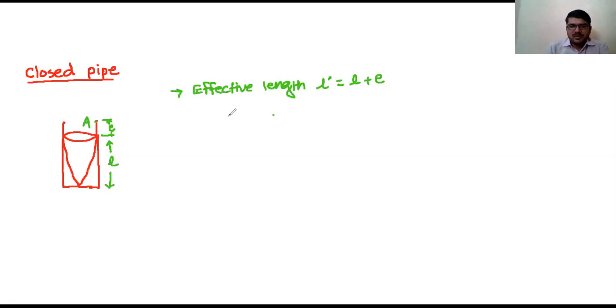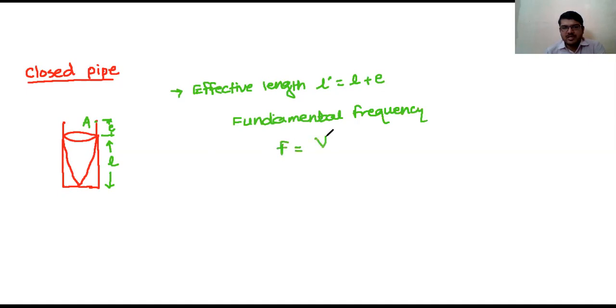Now, if I want the fundamental frequency in case of this closed pipe, we know the formula is P divided by 4 into L dash, where L dash is the effective length.